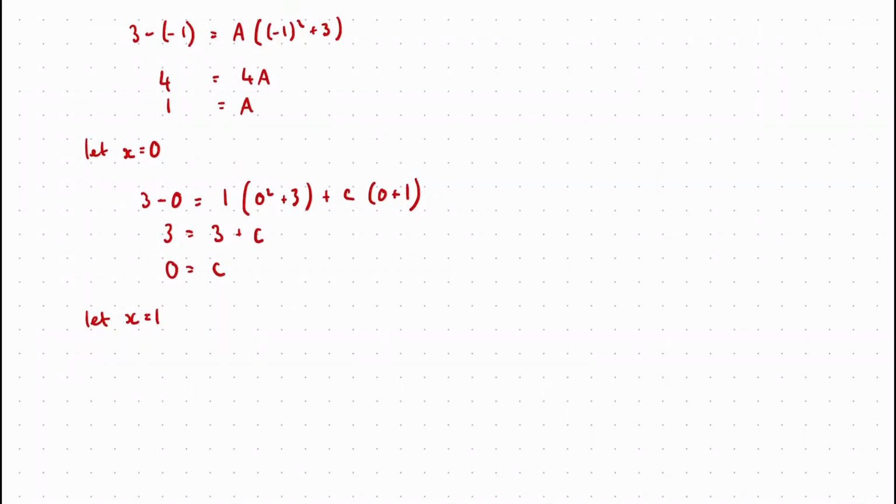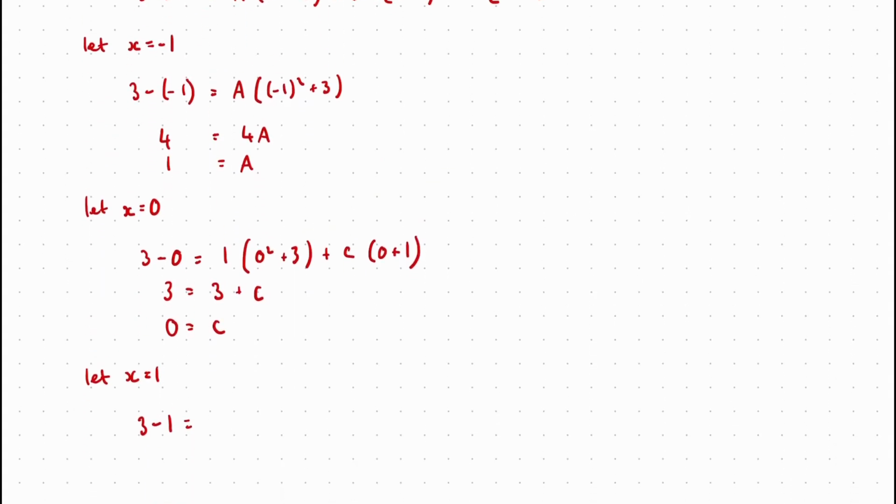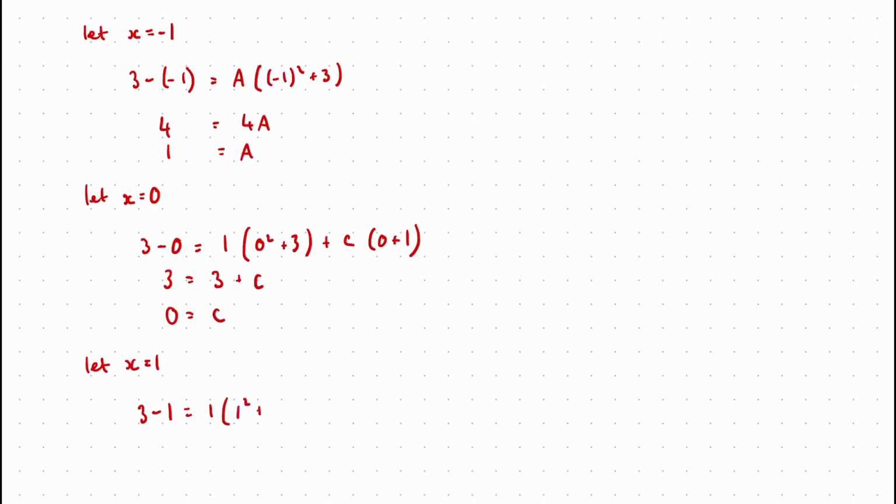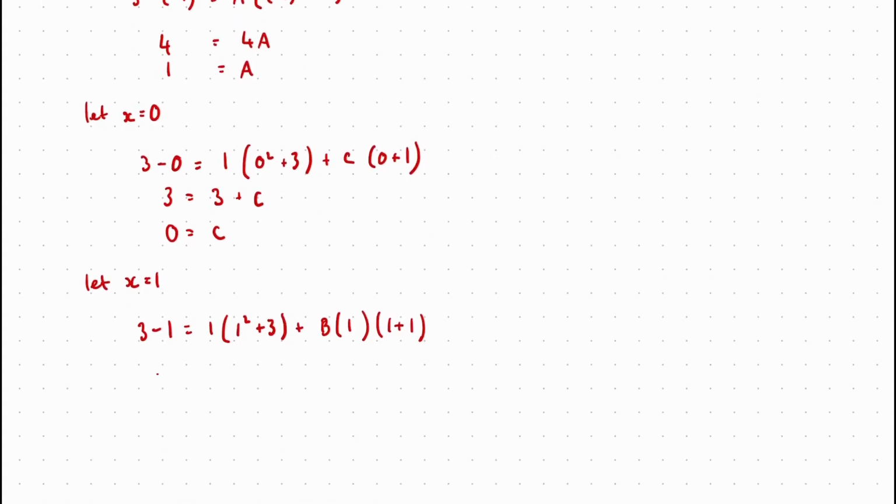So I get 3 minus 1 is equal to 1 lot of (1 squared plus 3) plus B lots of (1 plus 1), and that's it, because C being 0 means that there's nothing left on the end, which gives me 2 is equal to 4 plus 2B, which solved gives me B is equal to minus 1.